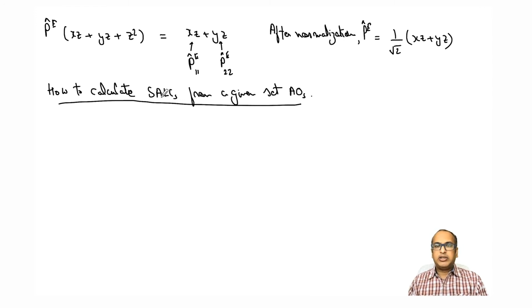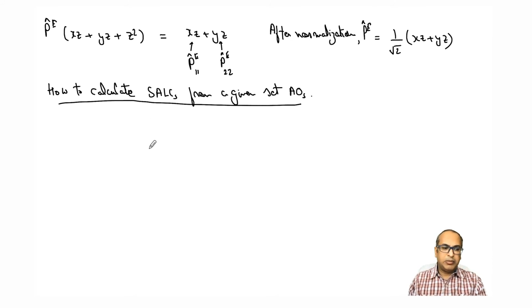That process can be done by the projection operator. Why do we need to do that? Because such combined atomic orbitals will form the acceptable solutions for the Hamiltonian operator, or the energy equation.